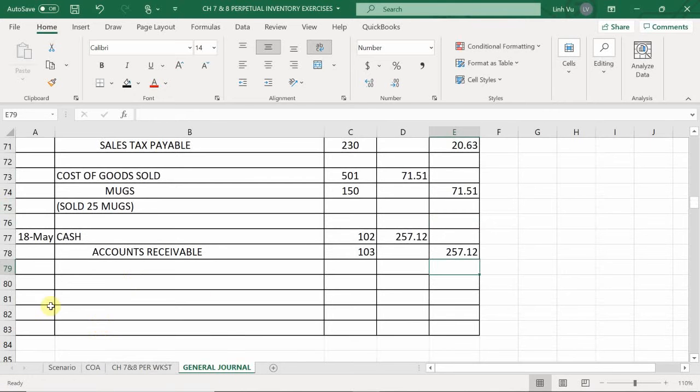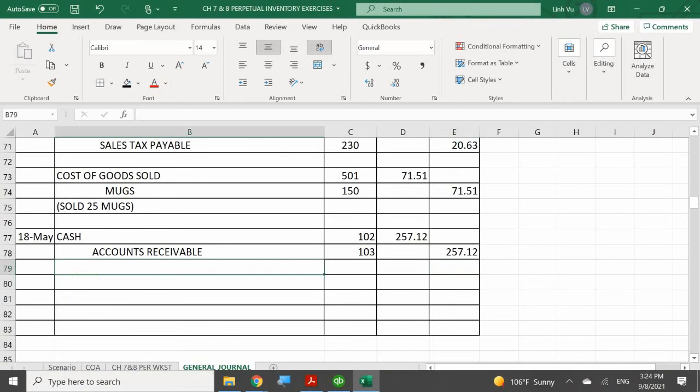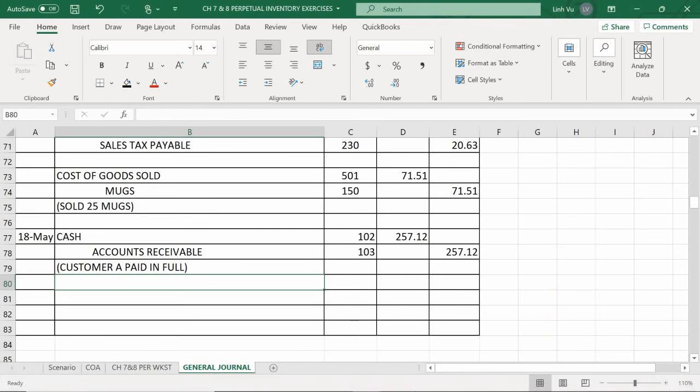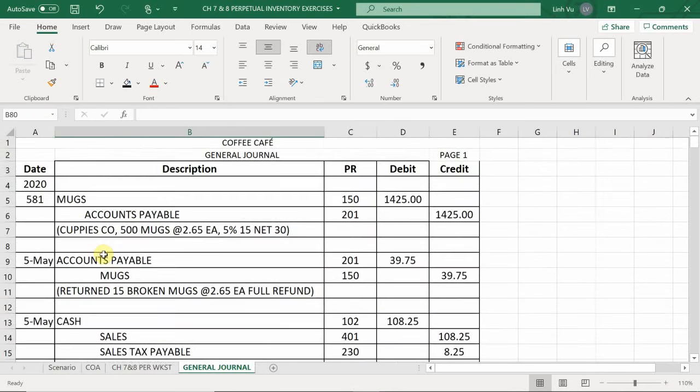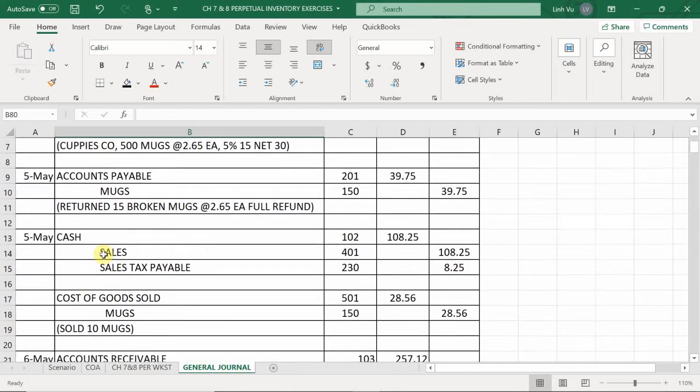257.12, and I'm going to make my note here saying that customer A paid. Where does this number come from? This number is the 257.12. Yes, it's 260.57, no? Where did you get 260.57?